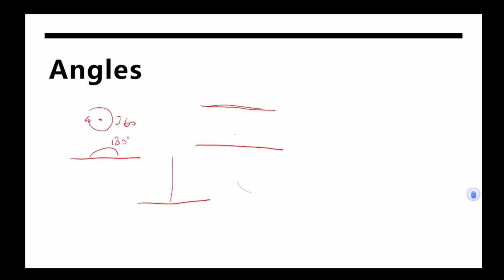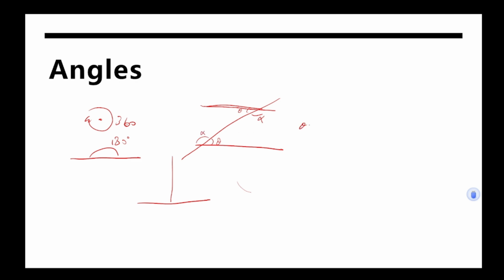Now, since we know that the angle around a point is 360, and the angle on a line is 180, we can learn some more properties on two parallel lines and perpendicular lines. For example, in two parallel lines, if there's a line cutting them, the angle here, theta, will be the same, and the angle here, alpha, will also be the same.